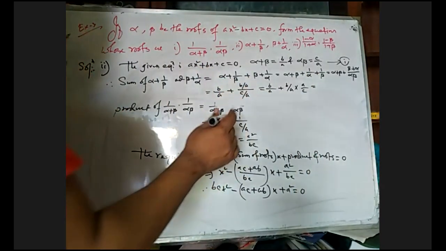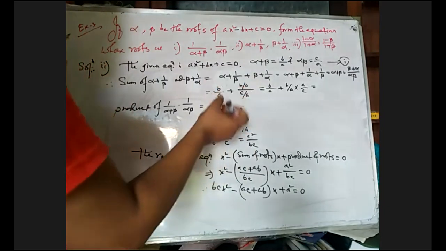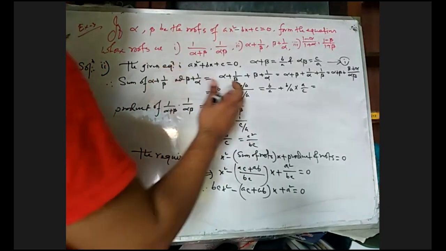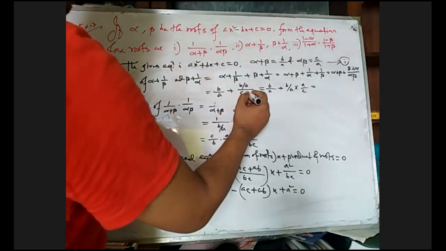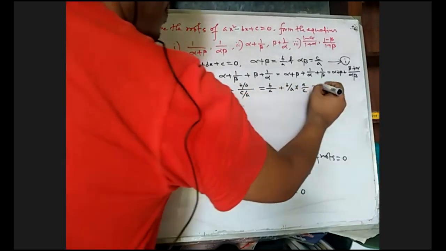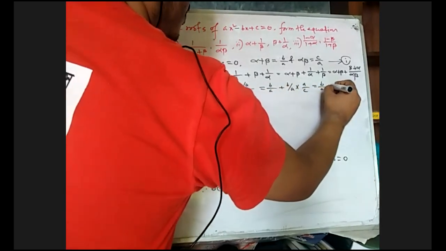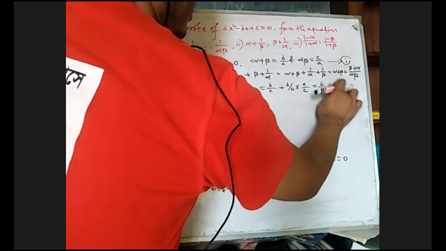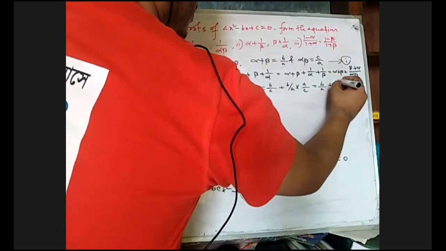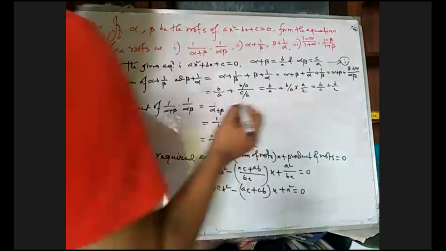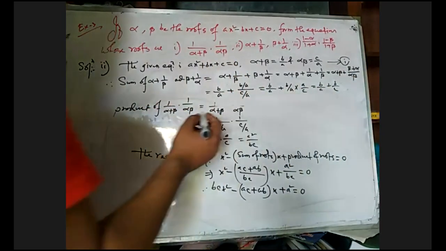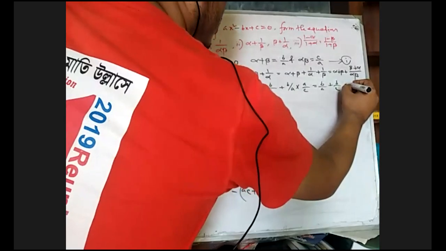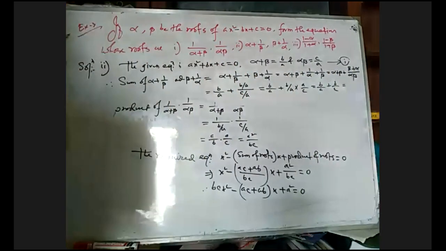If we divide by a fraction, then taking it as a multiplication, it will be written in reverse order: b by a plus ab divided by ac. A will be cancelled, so we get only b by c.